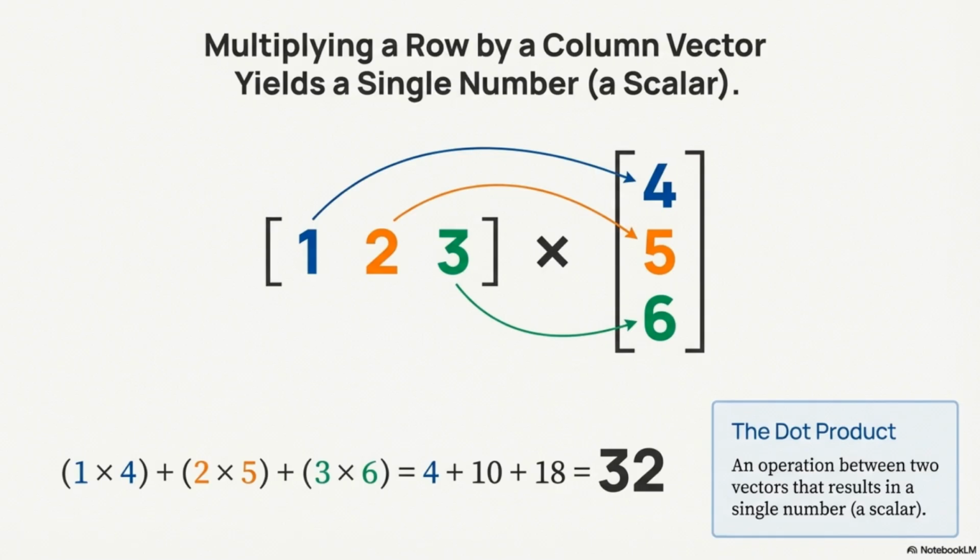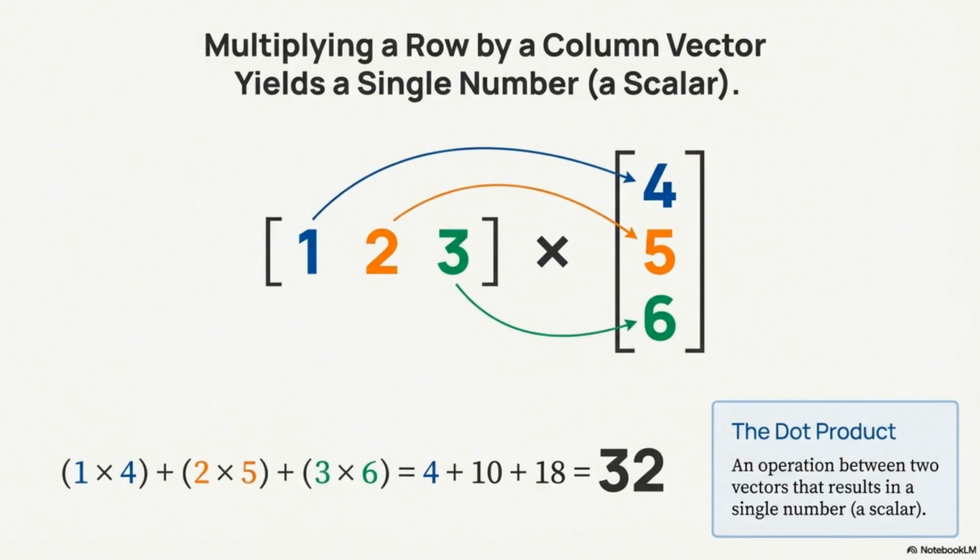Now let us see what happens when we actually multiply a row vector by a column vector. Imagine a row with the numbers 1, 2, and 3. Imagine a column with the numbers 4, 5, and 6. To compute the result, we pair each position: first number times first number, second times second, third times third. That gives us 1 times 4, 2 times 5, and 3 times 6.